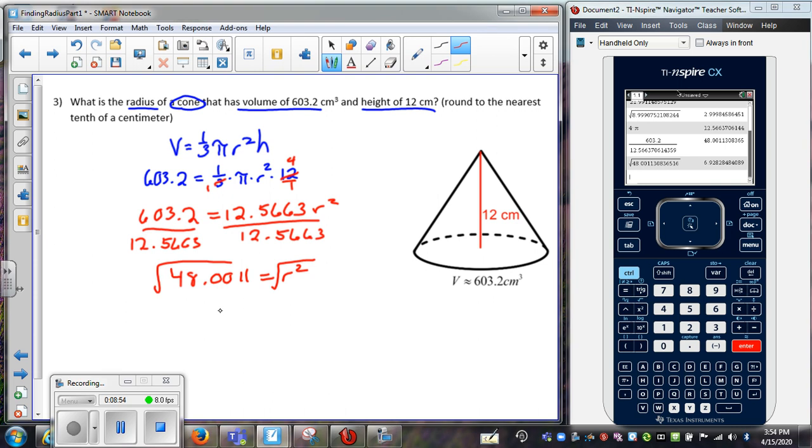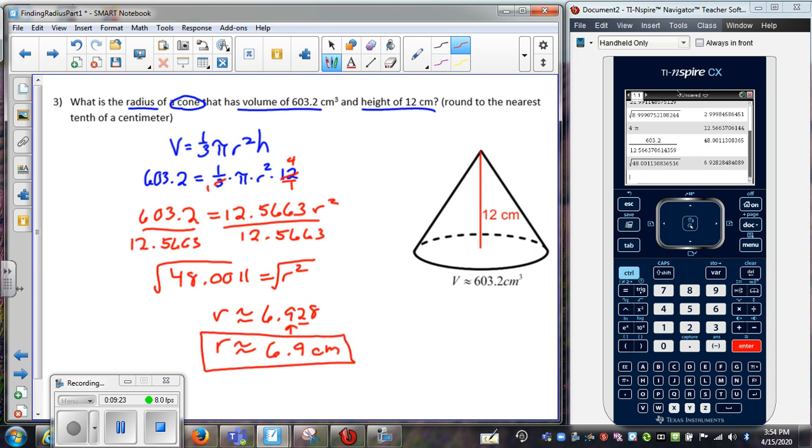And I'm getting r is approximately 6.928, and that's enough for me to round it here. So r is approximately, I'm rounding this digit, so I look at the 2, is it 5 or more? Nope, it's not 5 or more, so I let it rest. So 6.9, and that would be centimeters.